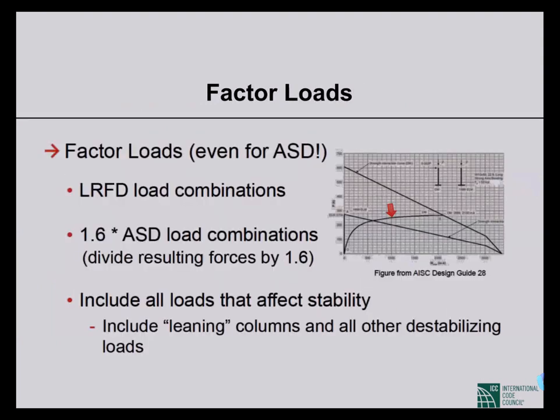Now, factoring loads. For ASD, as I have already said, we have to factor the ASD load combination with 1.6. For LRFD, we can use normal LRFD load combinations, strength design load combinations.